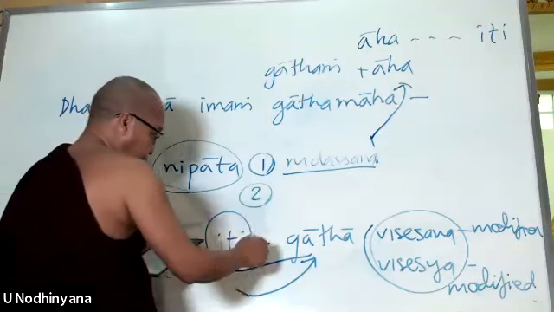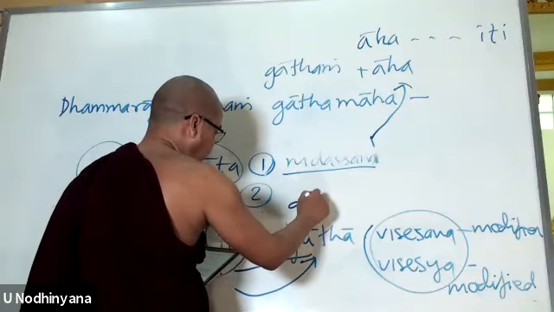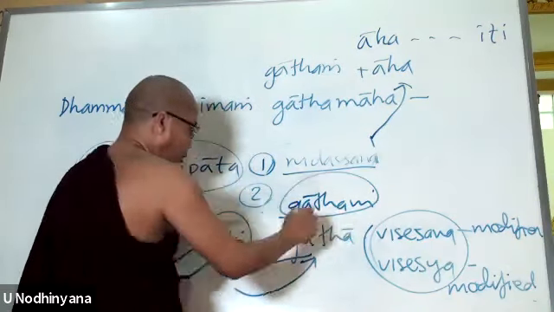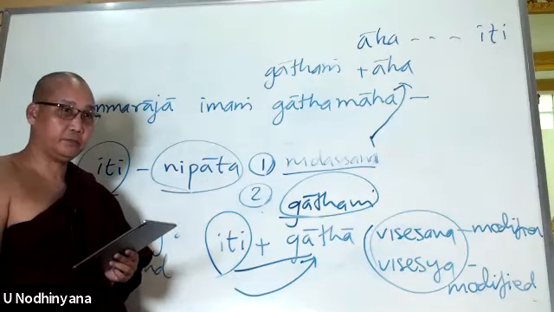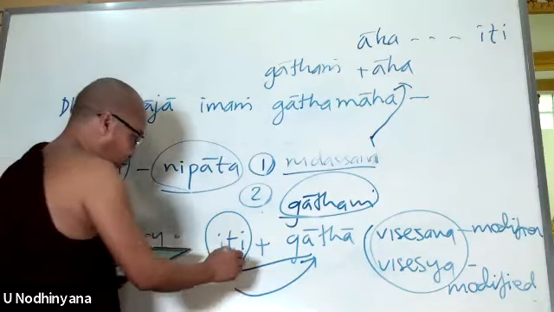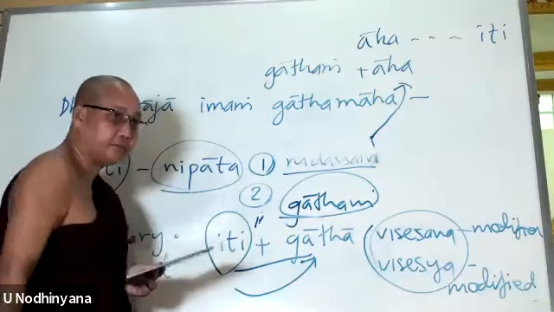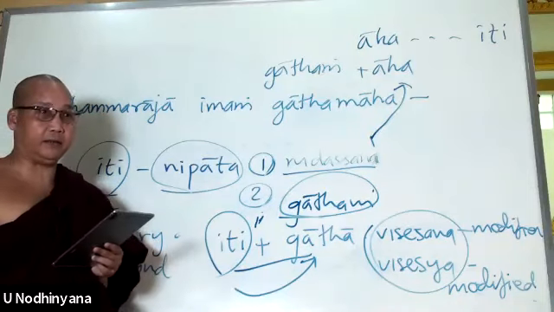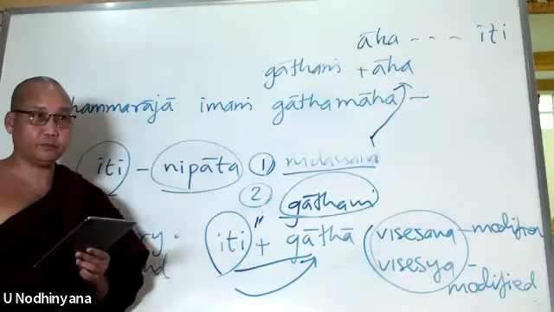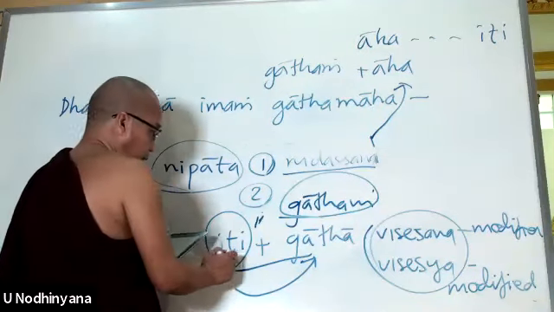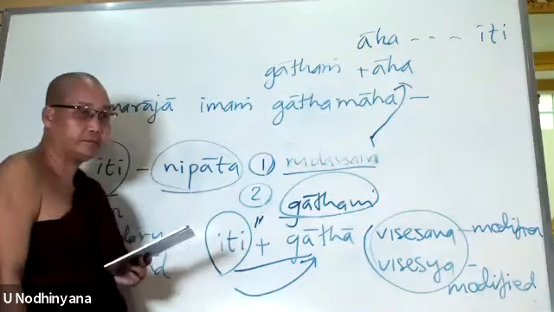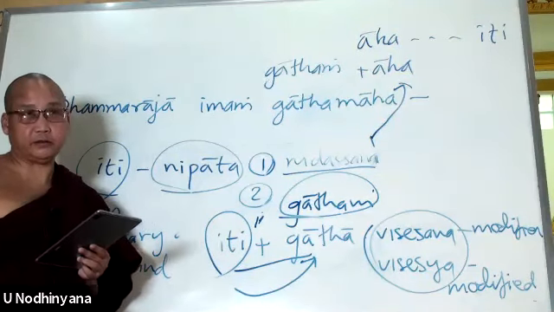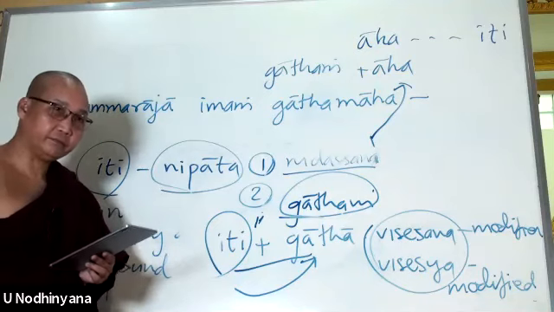So if Iti connects the modifiers to the Gatham, what is the case of the Gatham? It is the accusative case. After Iti, it is elided. Even though we put different case endings, after Iti it never changes. This Iti is connected to the Gatham. Iti Gatham: this Iti is translated as a modifier.